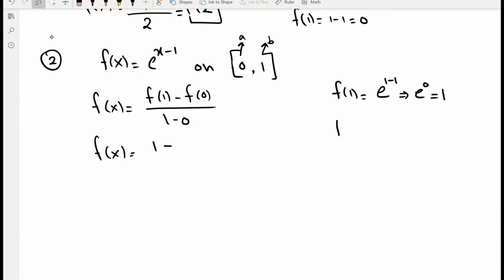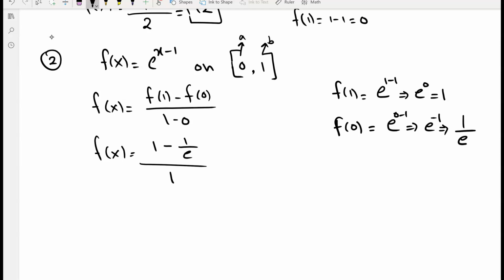So f of 1 is 1. Now f of 0 is e to the power of 0 minus 1. You will get e to the power of negative 1, which you can also write as 1 over e. Correct? Now I substitute this value of 1 over e, so it becomes 1 minus 1 over e, over 1 minus 0, which is 1.